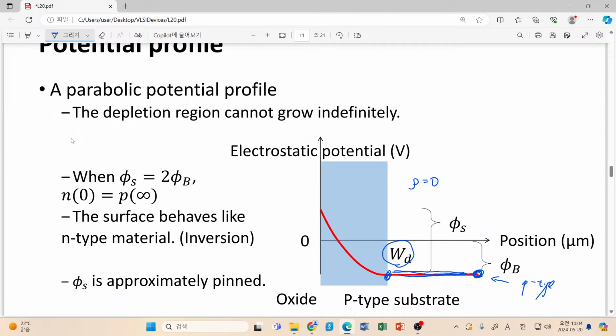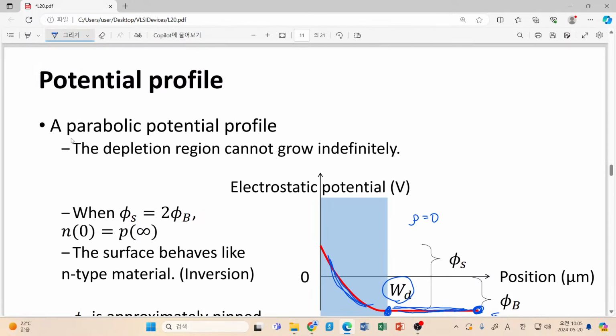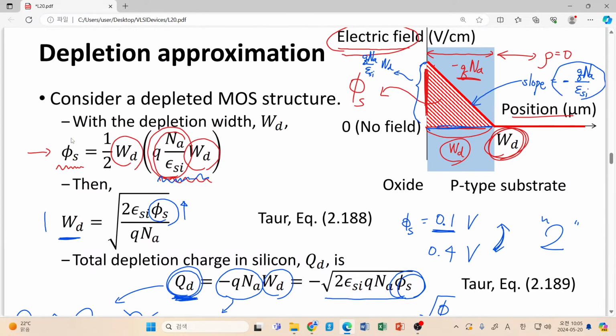Once we enter this depletion layer, we see a constant, linear increase of our electric field, and potential is obtained from one-time integration of the electric field. A linear function integrated gives a parabolic behavior. So you can see that this parabolic behavior originates from the linear behavior of our electric field shown here.